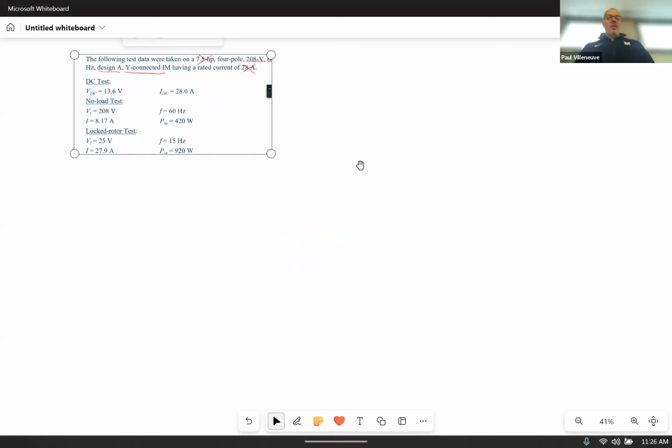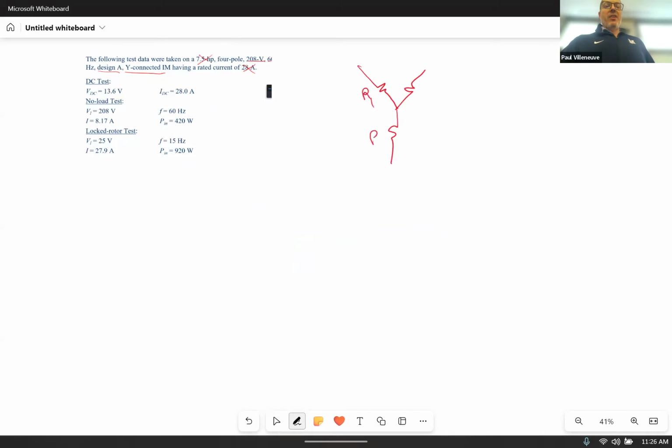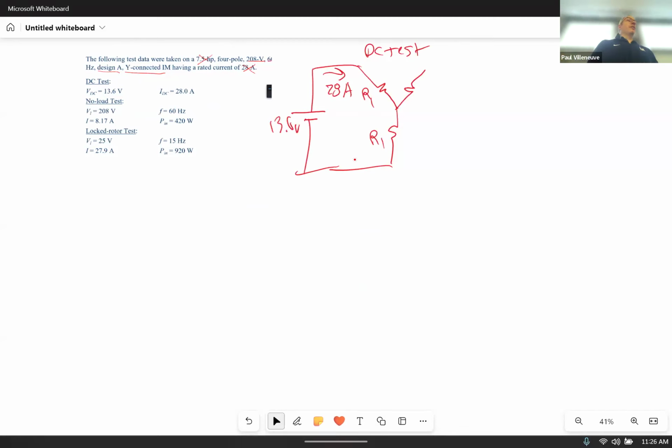All right, so Y connected machine, which means our windings are connected like this, right? So for the DC test, I know I have an R1 and an R1. So here's my DC test. I've got 13.6 volts, and I've got 28 amps running through that.